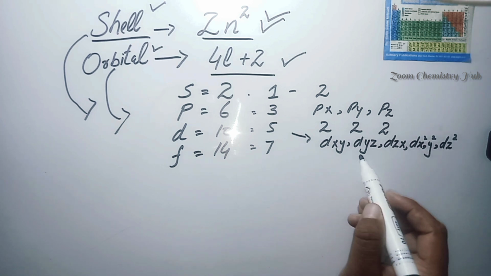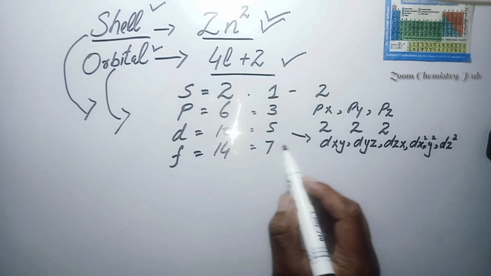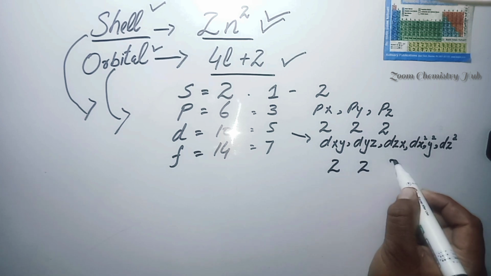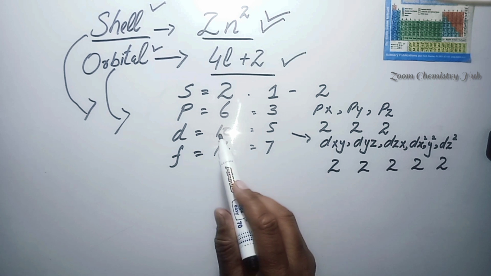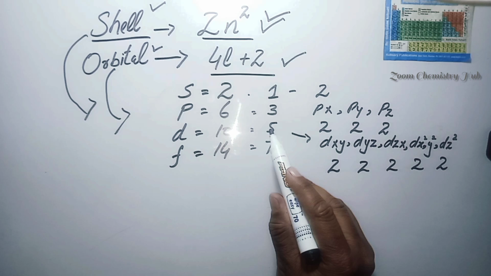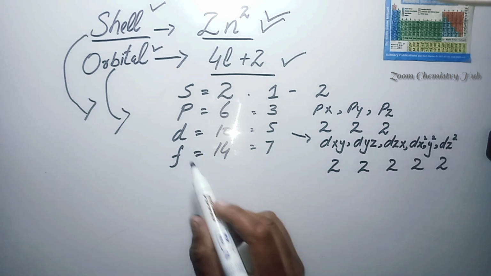And in each of these 5 degenerate orbitals, the maximum number of electrons is 2. So these 10 electrons are equally distributed in these 5 degenerate orbitals of the d subshell.